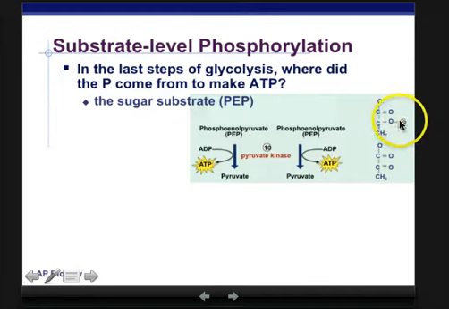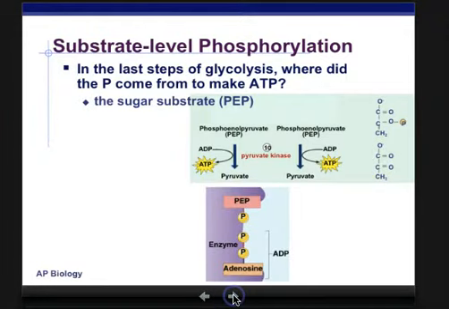So we've still carried these phosphates through from the phosphorylation reactions earlier. And so now we're going to take that phosphate and add it onto ADP to get ATP. And that leaves us with a 3-carbon sugar that doesn't have a phosphate on it, and that's the pyruvate.